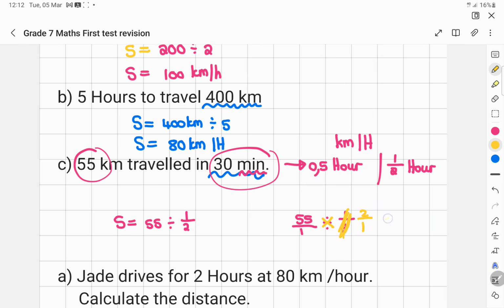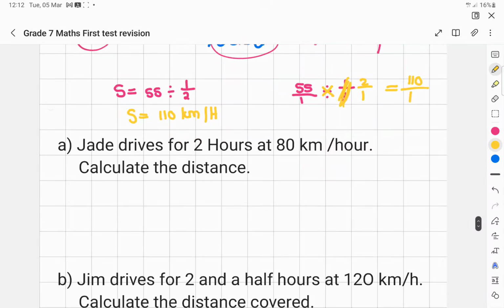So that becomes 55 times 2, which is 110 over 1 times 1 is 1. So your speed here was 110 kilometers per hour. And I always tell my students, don't get ridiculous answers. We always try and give you real life answers that should make sense. So if you get an answer of 3,000 or 350 million thousand kilometers per hour, you know that it can't be. So you've done something wrong.